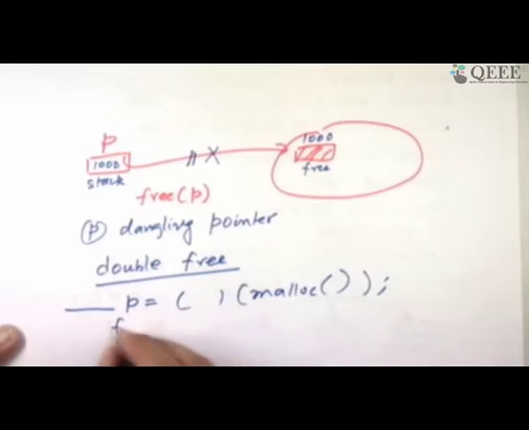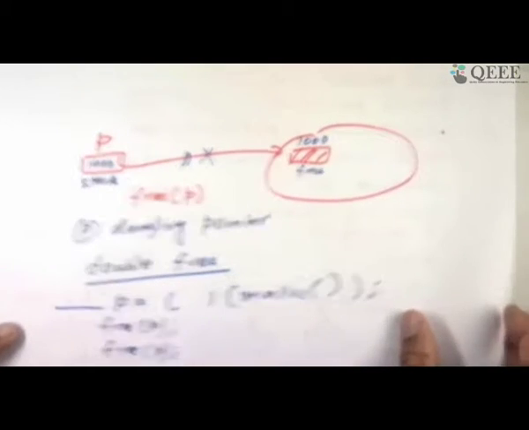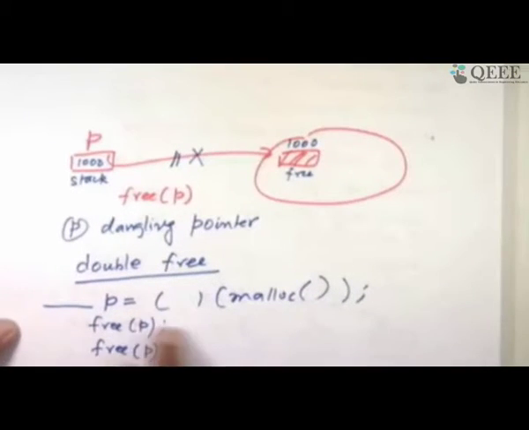And then I do free of P once, and then I do free of P again. I can do it any number of times. So the question somebody asked very explicitly, what happens if I free the same pointer twice? One answer to such things will be write a small program and see what it does. The more interesting part is, can we explain what it does? So let me try and explain again in my short way.